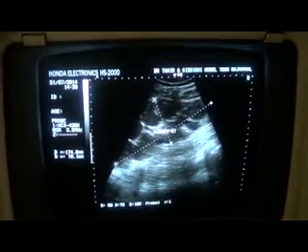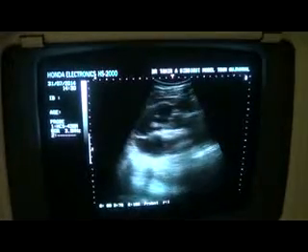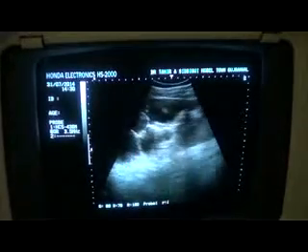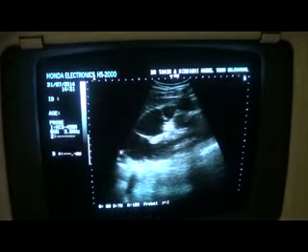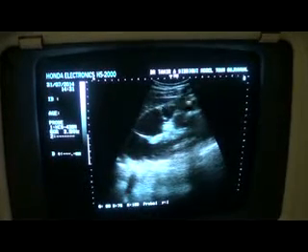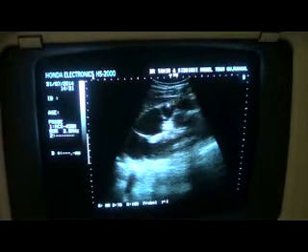Now, moving on, you see the outer surface of the kidney is regular, is not distorted at all. Here you can see this is the upper and mid region renal capsule.